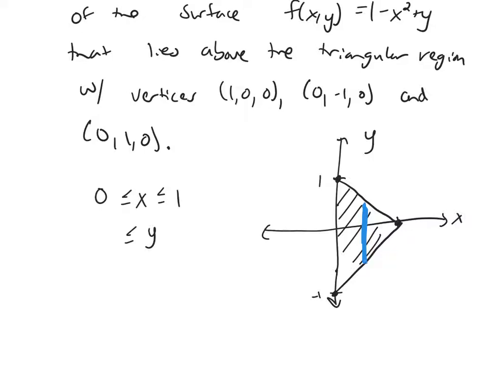So this bottom one would be y equals x minus 1. And this top line has slope negative 1, so y equals 1 minus x. So y is between those two.